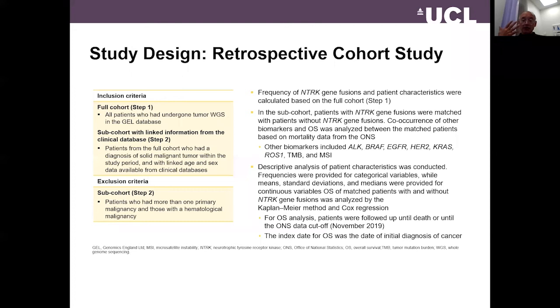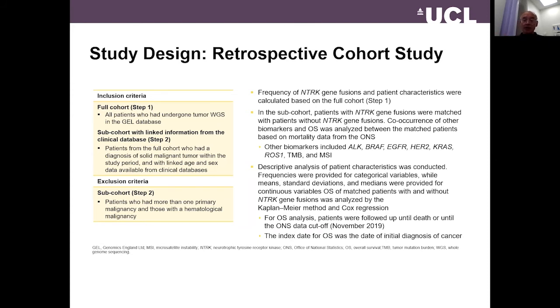There were two steps to this. First of all, NTRK fusions were looked for in the whole tumor group, and then people who had more than one cancer were excluded.